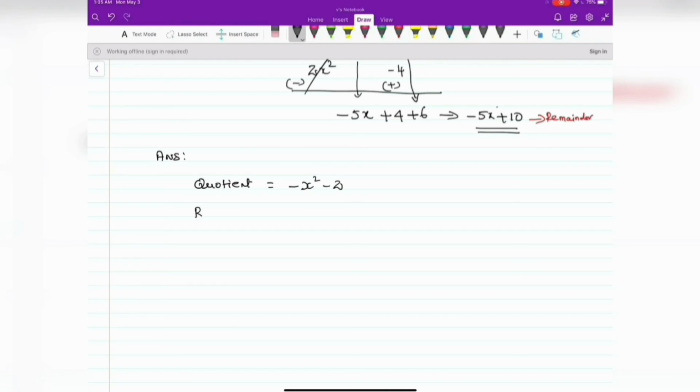And the remainder minus 5x plus 10. I have to conclude my answer. Just rewrite both the quotient and the remainder once again. That will be your final answer.